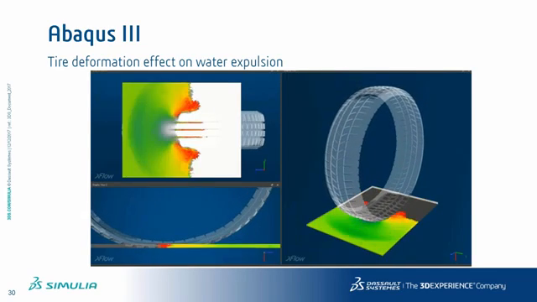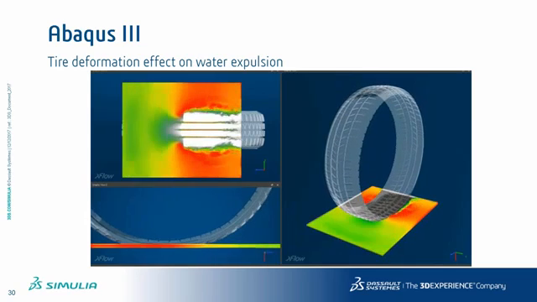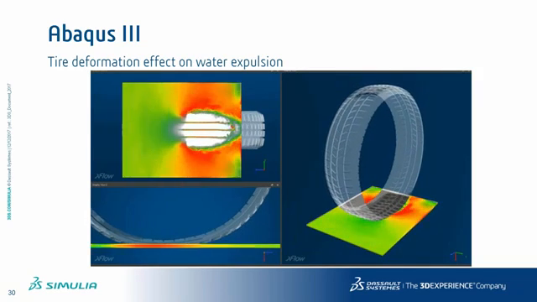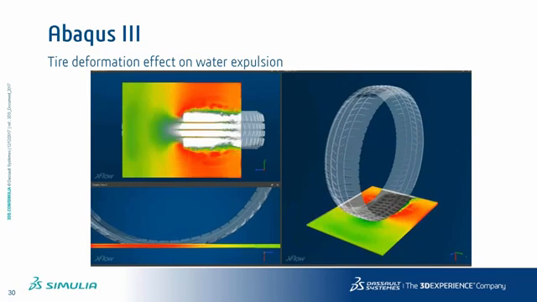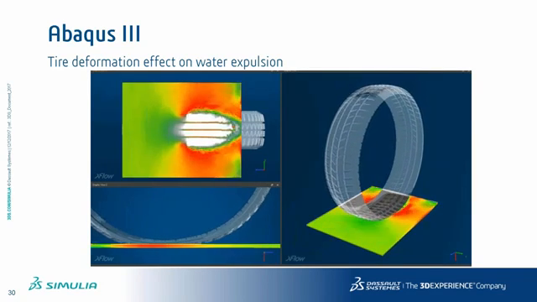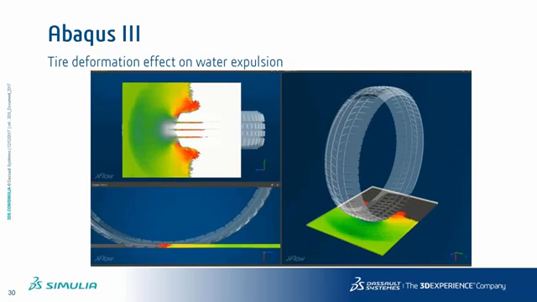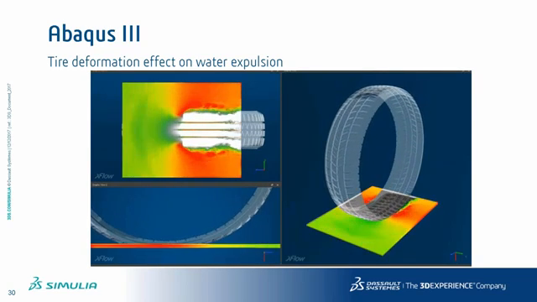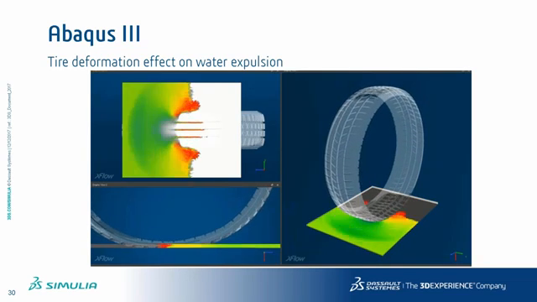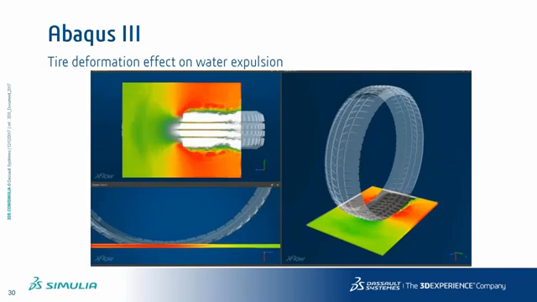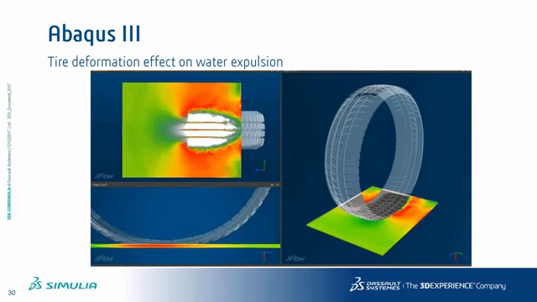That is really key if you want to do analysis on, for example, aquaplaning, or water management of tires, or if you want to do simulation with actual threads or the actual geometry of the tire. So that really opens up lots of new simulation possibilities in XFlow Fluid Structure Interaction.